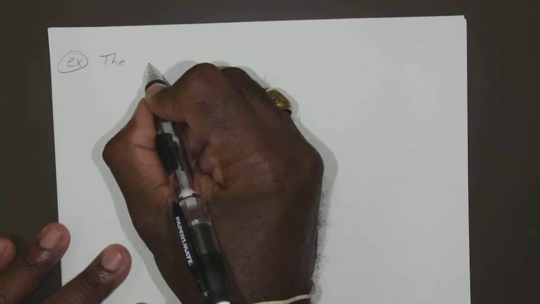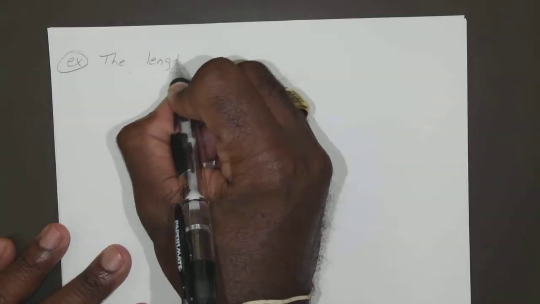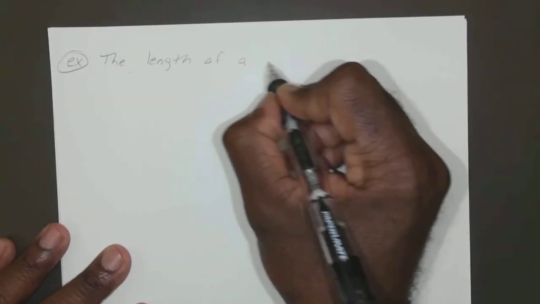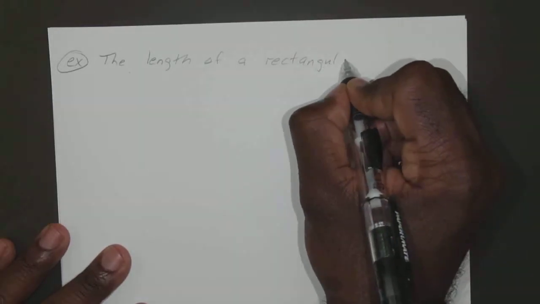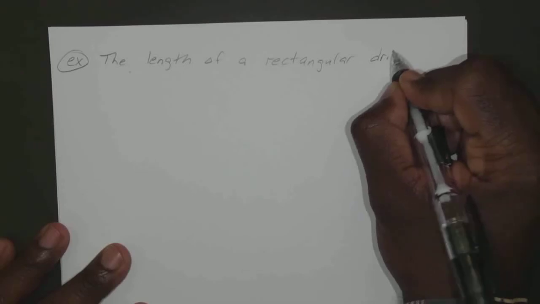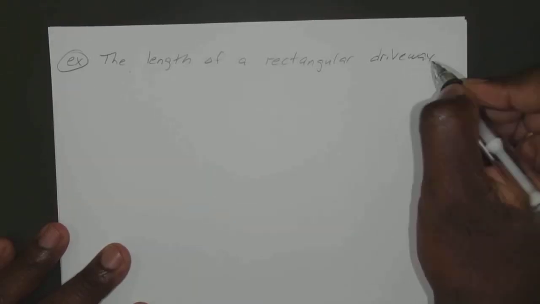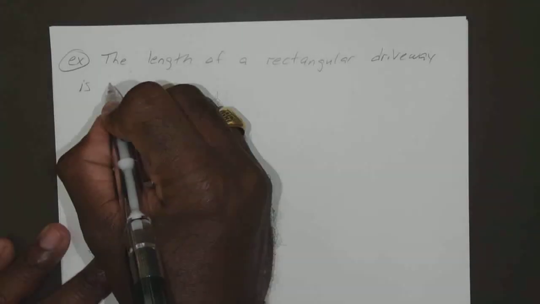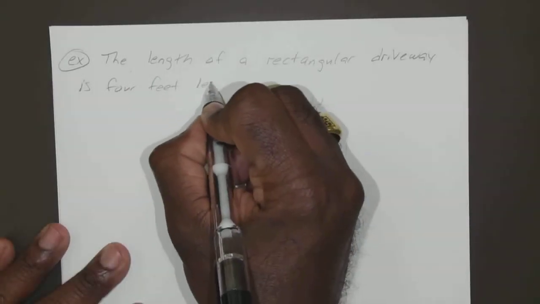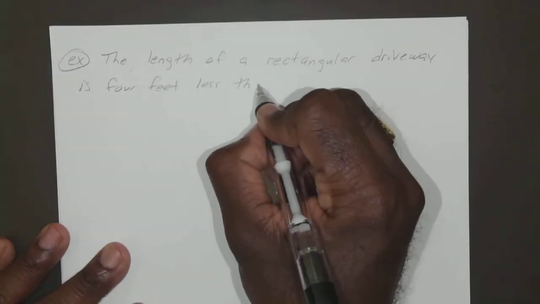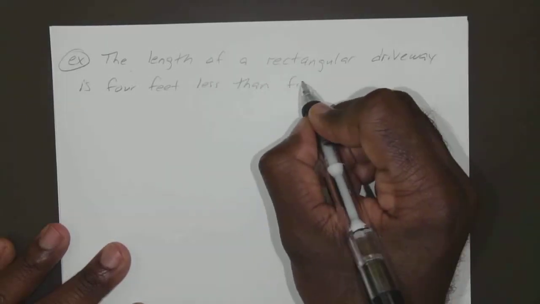And for this example, let's say you have the length of a rectangular driveway is 4 feet less than 5 times the width.